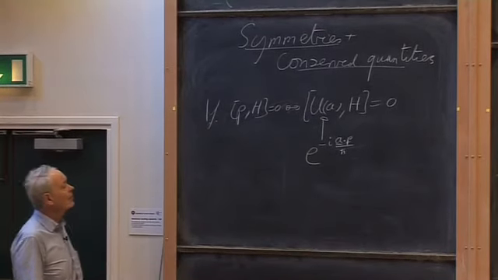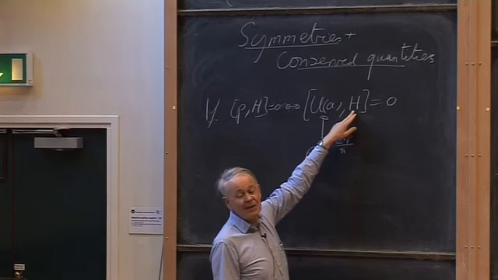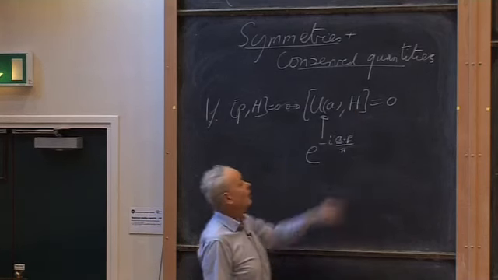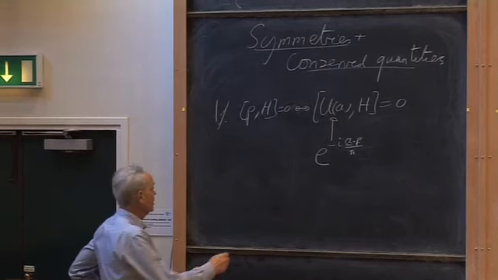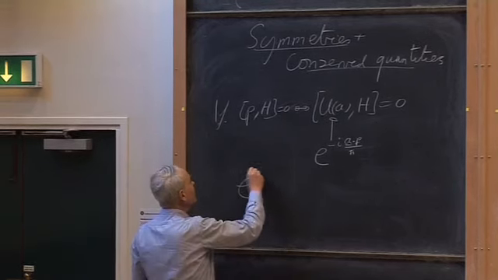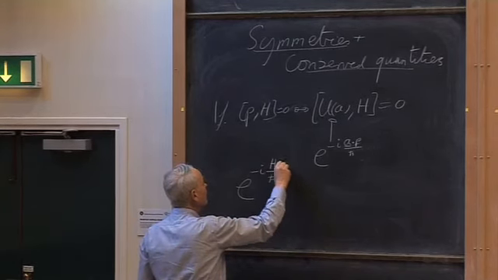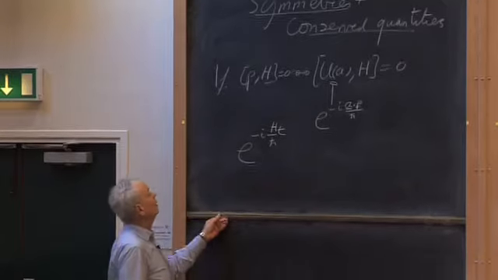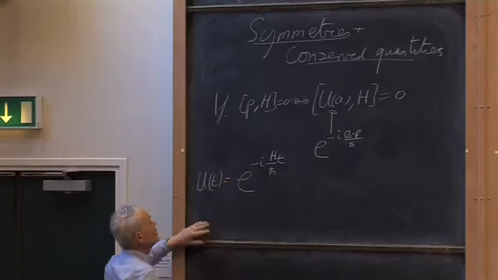Now what does that tell us? To see, we have to think about the unitary operator associated with H, because H is an observable, and it's associated with a unitary operator e to the minus i H t upon h bar, which we're going to call U of t. What's this operator?